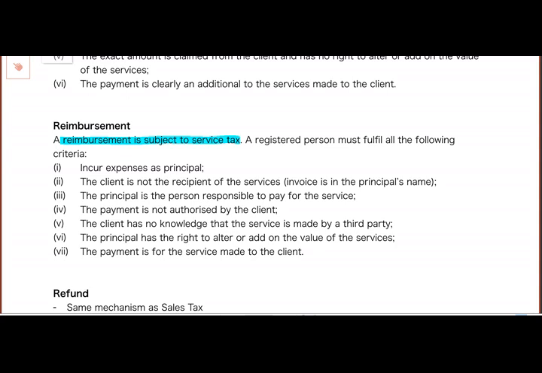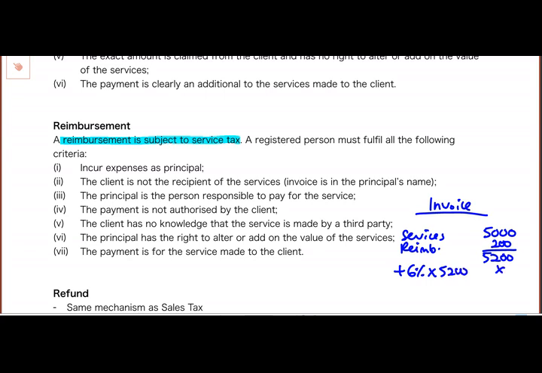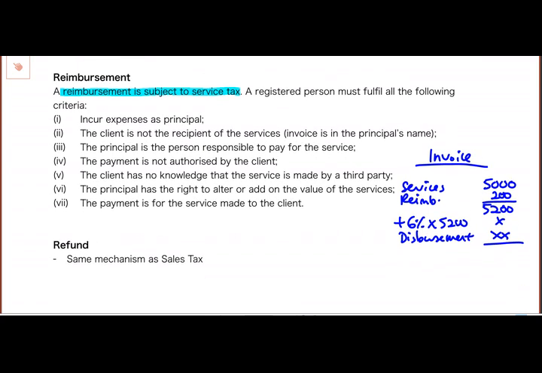So if you look at an invoice, basically the services you offered, let's say 5,000, the reimbursement, let's say 200, the 5,200, you'll add 6% of the 5,200, and then you have your disbursement, which does not attract 6%.